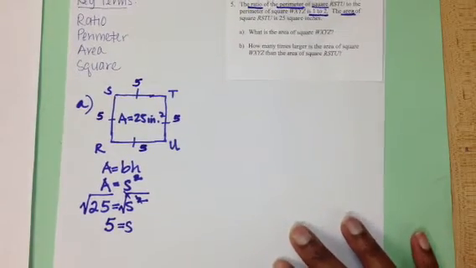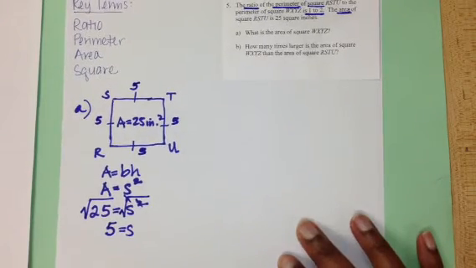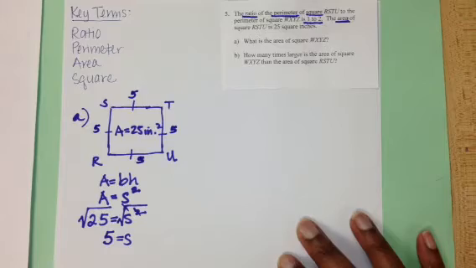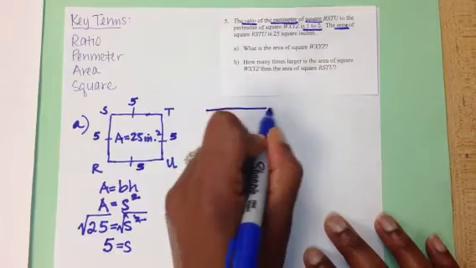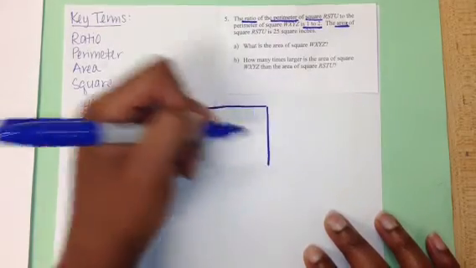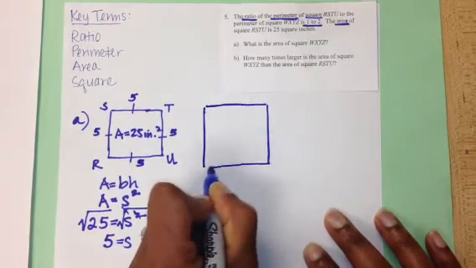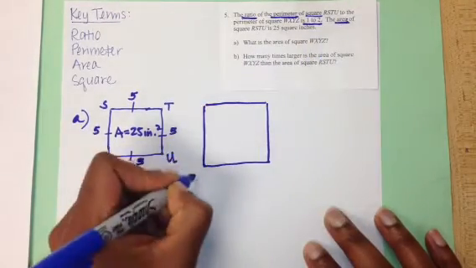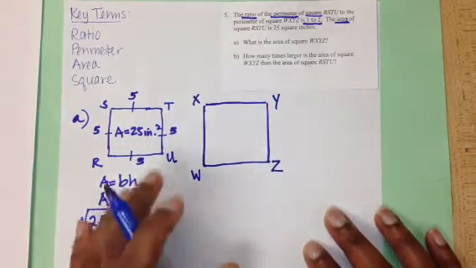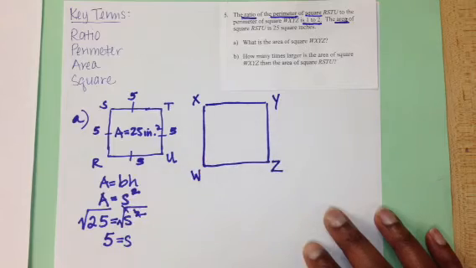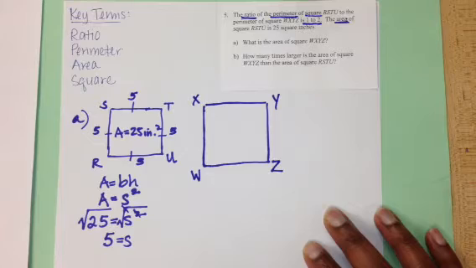Now that I've found the sides of square RSTU, I can use that information to find out the sides of WXYZ. I'm going to draw another picture here. Since my ratio states that it's 1 to 2, I know that the sides of WXYZ are going to be twice as big as RSTU.